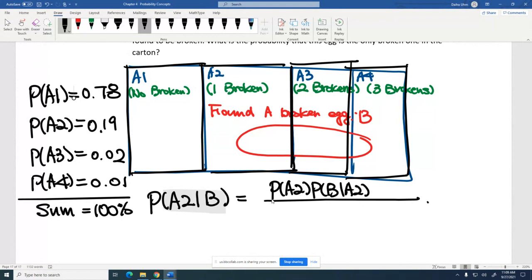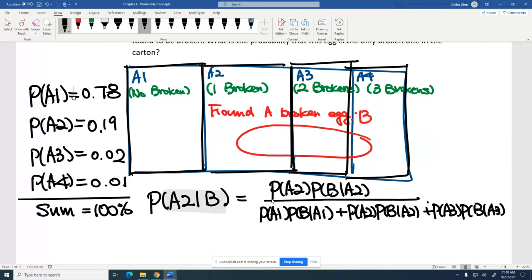In the denominator, we need the total probability. We need the sum of the probabilities, which will be probability of A1 times probability of B given A1, add probability of A2 times probability of B given A2, and probability of A3 times the probability of B given A3, and one more, probability of A4 times the probability of B given A4.